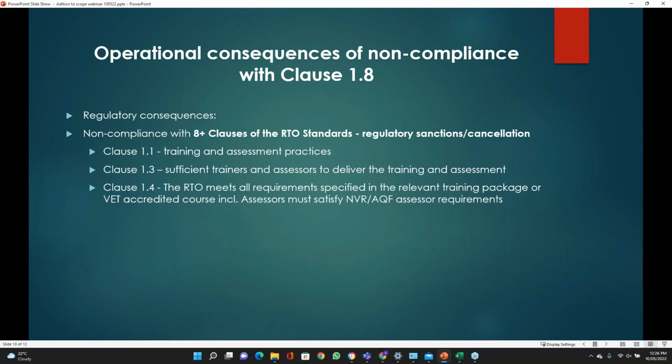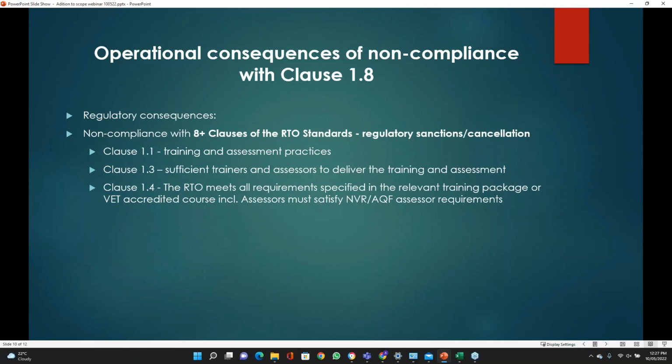The clauses I said just now: if we don't have all of our resources ready at the time that we do an application of scope, we could potentially be non-compliant with 8 or more clauses of the standards. If you think about it, we would be non-compliant with clause 1.1, which is all about monitoring our training and assessment practices.